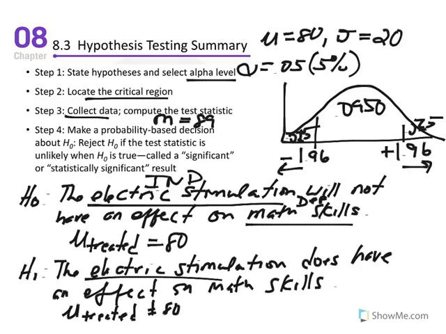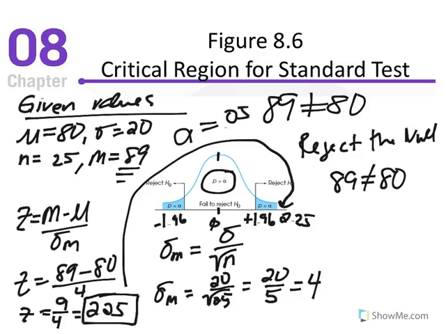So let's go back to that. Again, the probability is less than alpha, and therefore we get to reject the null. We get to conclude that 89 is numerically different from 80, but also statistically speaking, it's different from 80 in the sense that it has a very low probability of occurring if the null were true.